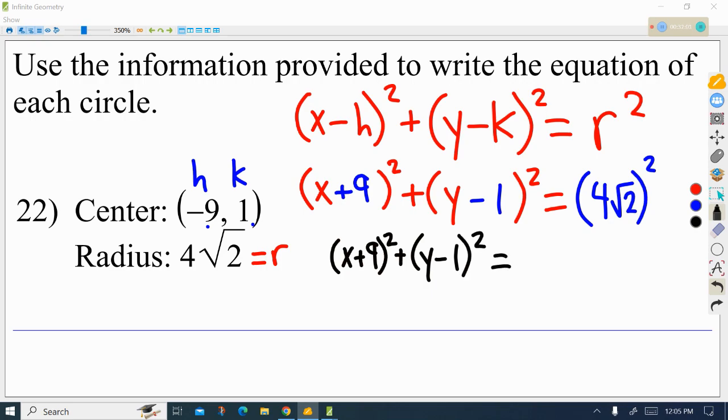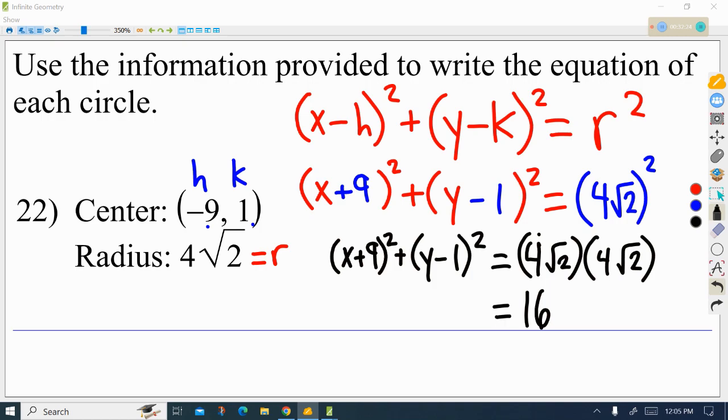All right, because now to square 4 root 2 means that we have to do 4 root 2 times 4 root 2. All right, that's one way to look at it. Okay, another way to look at this would be to square each of them. All right, so I'm just going to go ahead and do it this way. All right, 4 times 4 is 16.